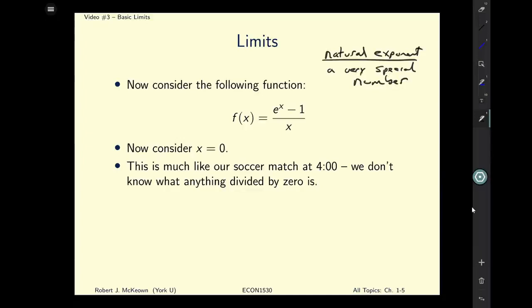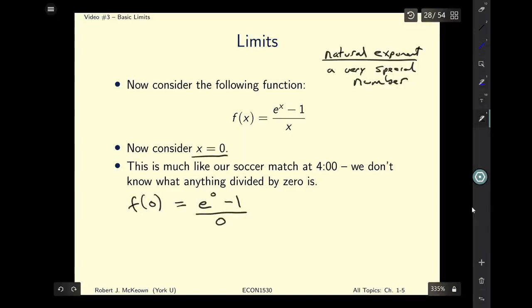Now what happens if we're trying to evaluate this function at x is equal to 0? Well, you can see right away that we've got a problem with our denominator. Any number to the exponent 0 is just equal to 1.